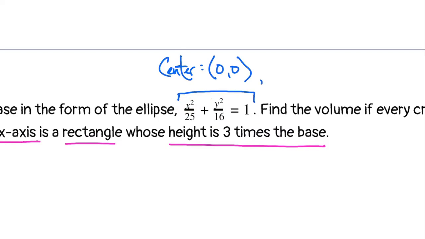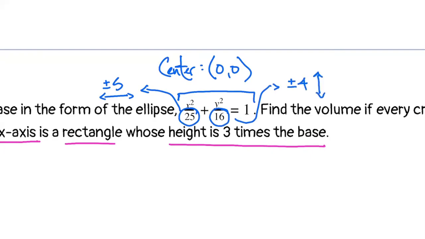Additionally, I know that the 25 below the x means plus or minus 5 in the x direction from the center. So it is not the 25, but it's rather the square root of that number. And so similarly, this 16 down here is really plus or minus 4 in the y direction. And I know it's in the y direction because it's under the y squared.